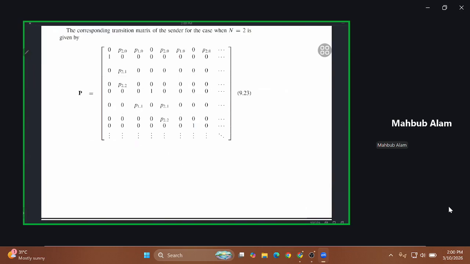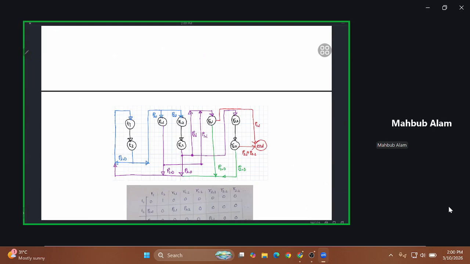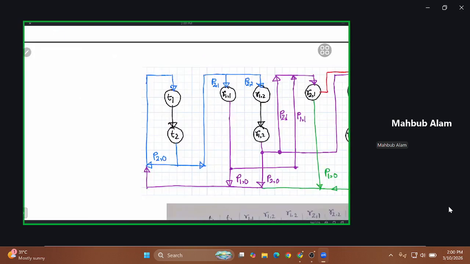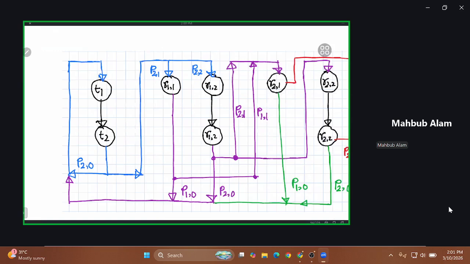And here, just before we finish, in 1 or 2 minutes, we have a very simple diagram, and we consider that the window size is 2.